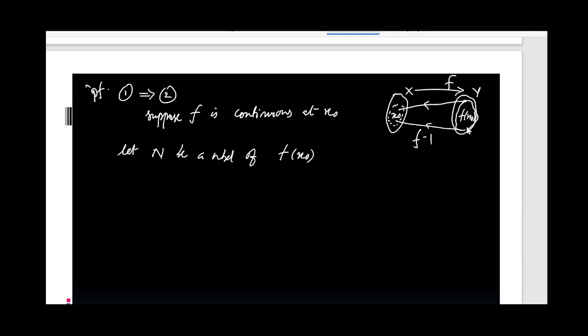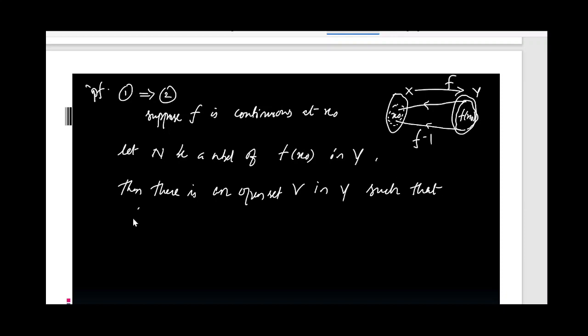So we have considered a neighborhood here in Y. Then there is an open set V in Y such that f of x naught belongs to V and V is contained in N.